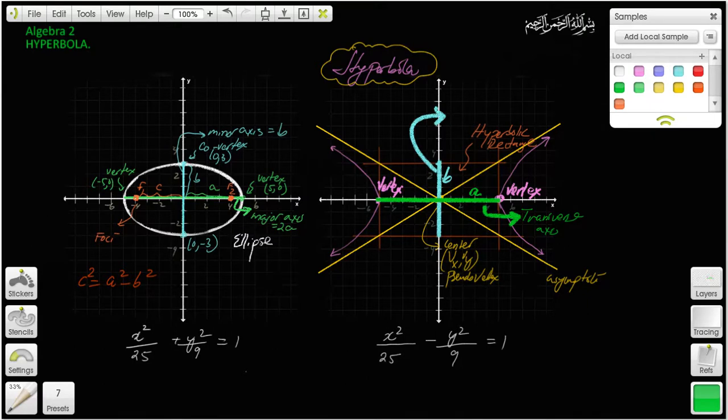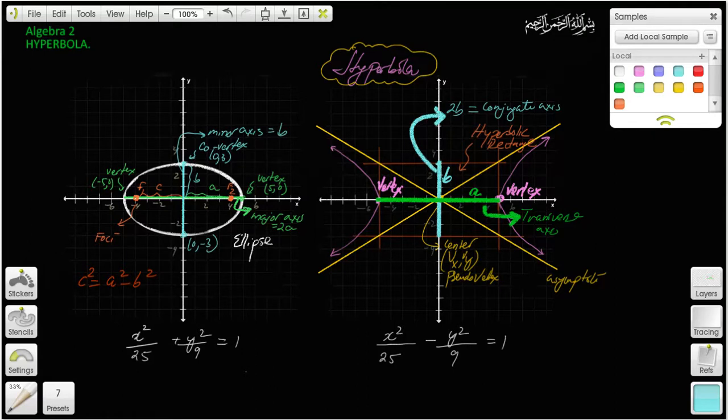And this axis, which is 2 times B, the whole length, the width in this case of the hyperbolic rectangle, is called the conjugate axis. So transverse axis and the conjugate axis.